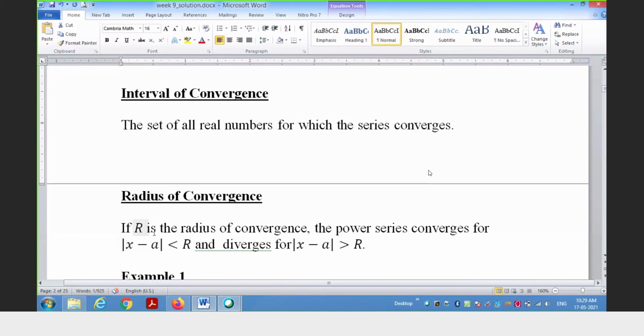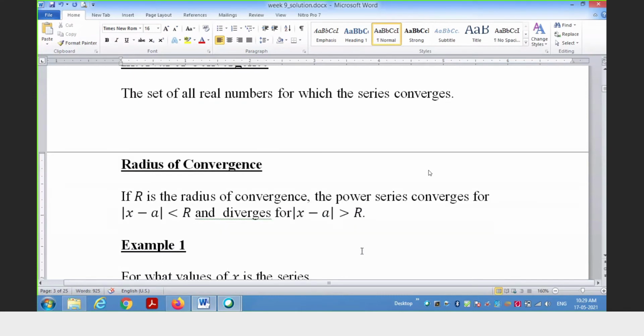If R is the radius of convergence, the power series converges for the absolute value of x minus a less than R, and diverges for the absolute value of x minus a greater than R. It only converges when |x minus a|, where a is the point or center of expansion, is less than this R, the radius of convergence, and diverges when it is greater than R. Okay, example 1.